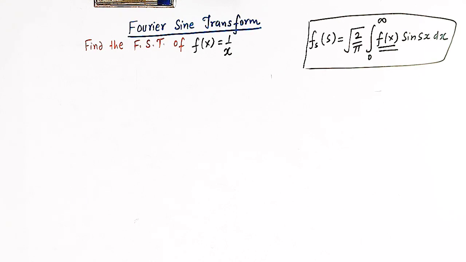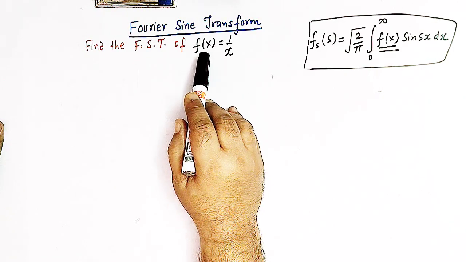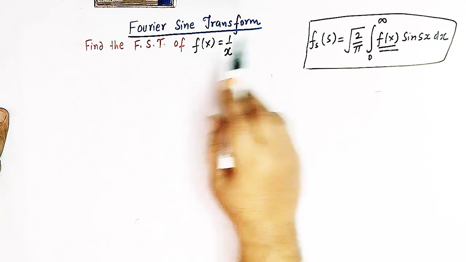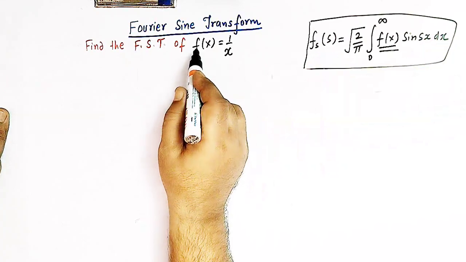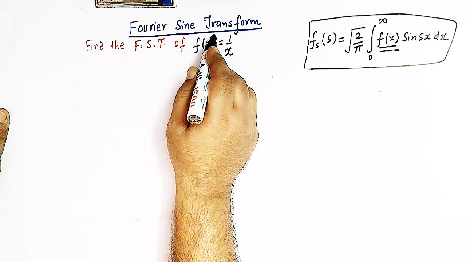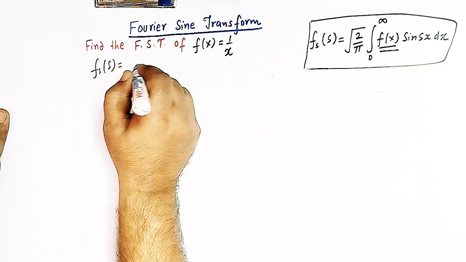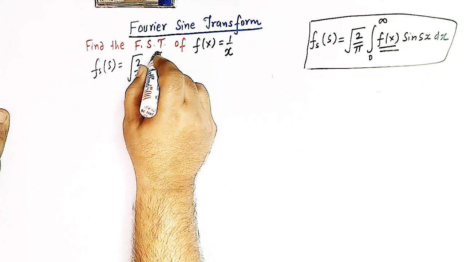So now let us consider one more problem in which we have to find the Fourier sine transform of a given function, right? And here the function is f of x is equal to 1 over x, right? So utilizing this definition of Fourier sine transform, we can now write the Fourier sine transform of this function as fs of s, and here we have square root of 2 over pi and 0 to infinity.